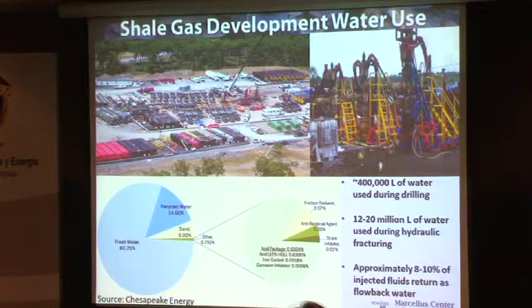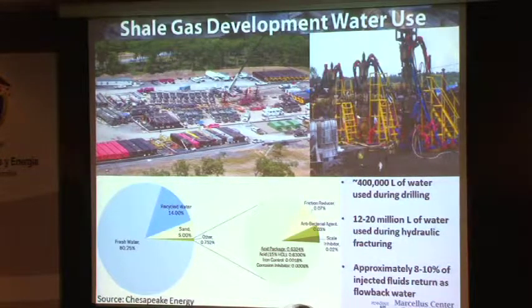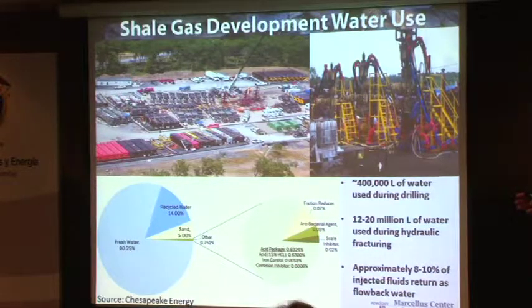So this is just a close-up of the wellheads with all the lines feeding in to the wells where the actual fluids are being injected from the surface down into the reservoir. Again, it's pretty amazing how this is all orchestrated.